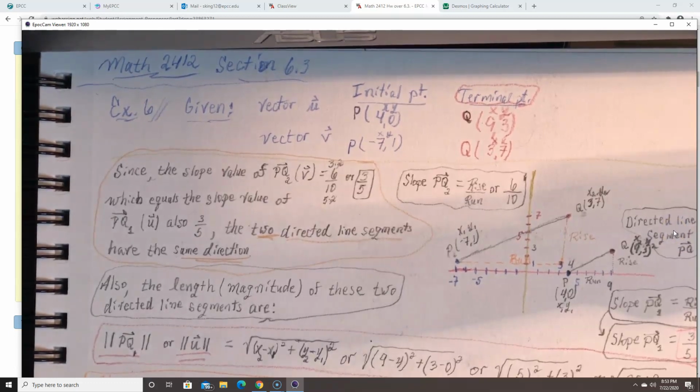So again, I talked about the terminology here. I think for these two introductory sections, it's enough to say, without being unnecessarily complicated, that a directed line segment represents a vector.